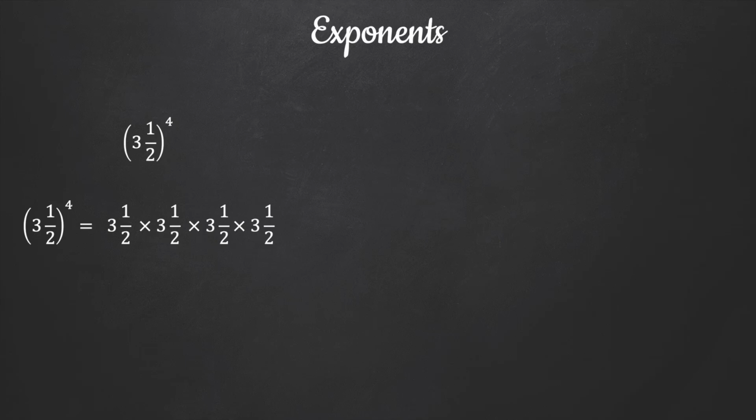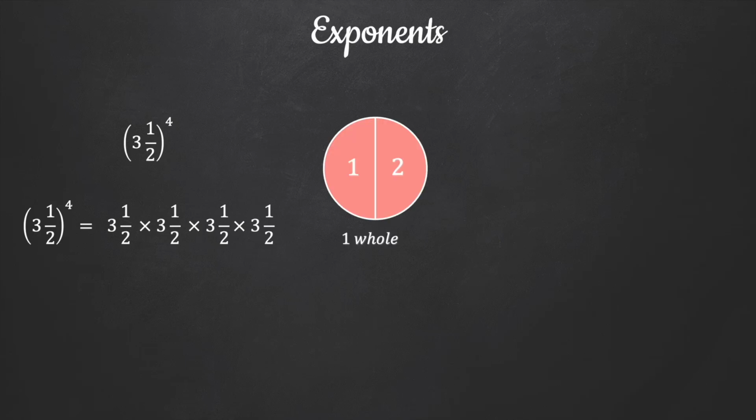The next thing we want to do is write our mixed numbers as improper fractions to make it easier for us to multiply. And in order to do so, first consider that when we're dealing with halves, that means 2 parts, in order to have one whole, we need 2 out of 2 parts shaded.